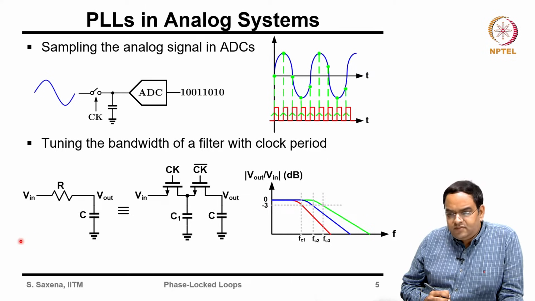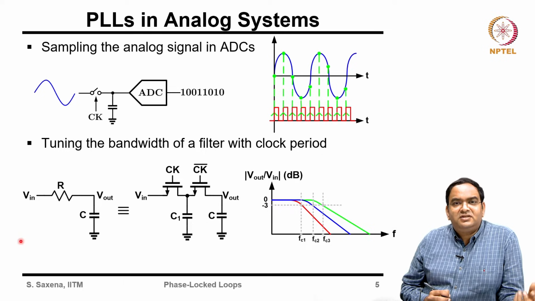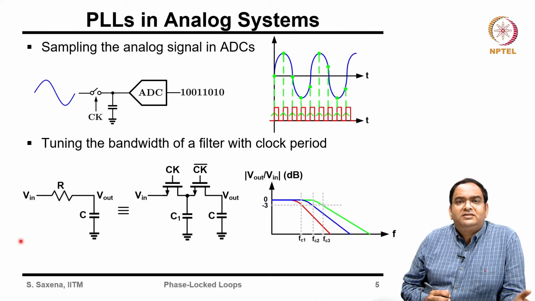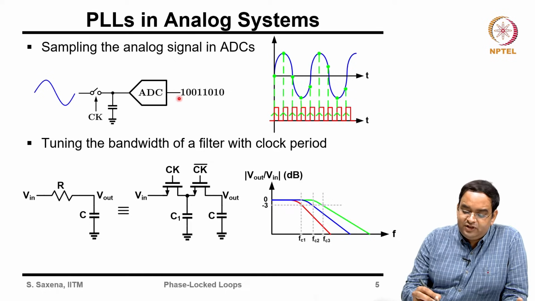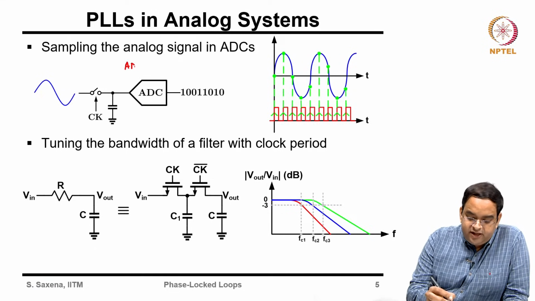So, when you speak in your phone, your voice is an analog signal that gets converted to a digital signal, like bits 1010, and that is facilitated by a block called ADC, which is analog to digital converter. So, ADC here stands for analog to digital converter.